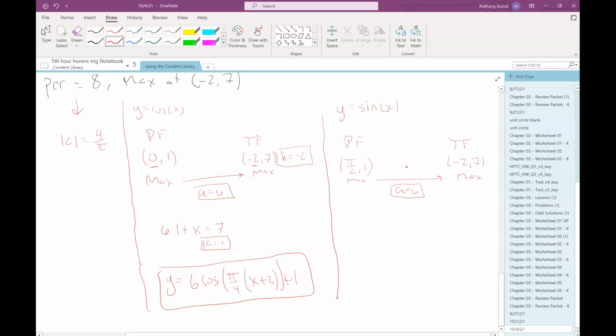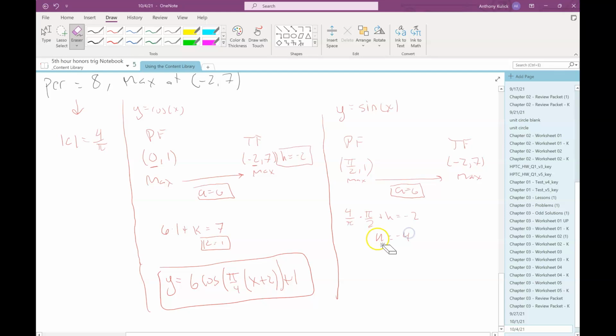That tells you the sign for A. But now I'm going to have to solve algebraically for both H and K. So for finding H, I have to do C times the x from my parent function plus H has to give me my x from my transformed function.